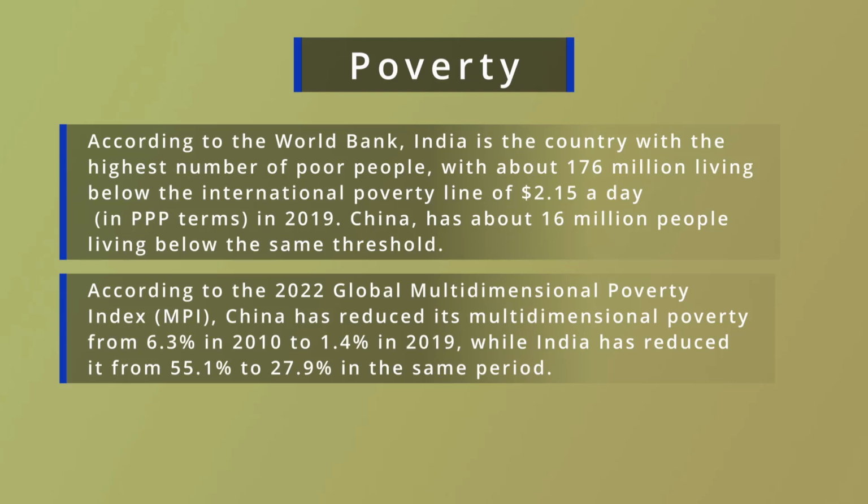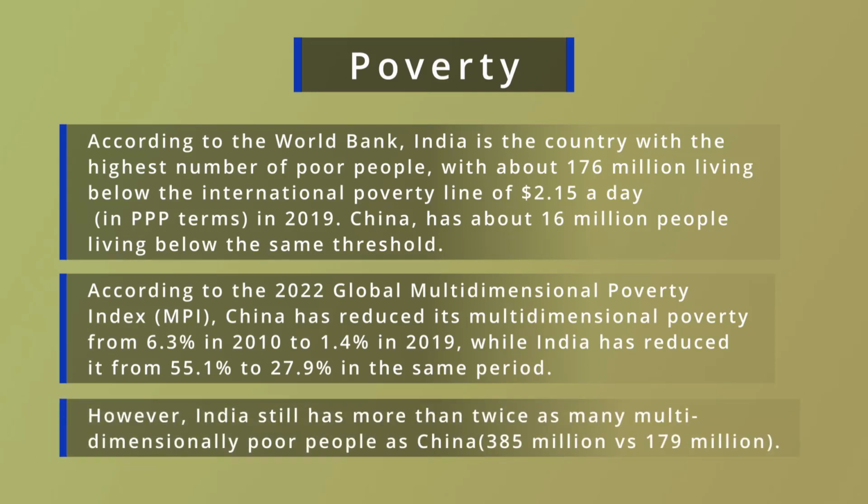That is, the reduction of multidimensional poverty in India is quite higher than that of China. But India still has a higher share of multidimensionally poor people. According to this estimate, the number of multidimensional poor people in India is 385 million, whereas in China it is 179 million.